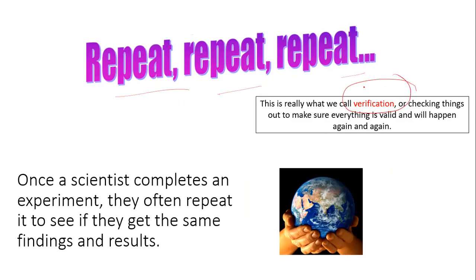But if you put things clearly and there is no error, there's no need to repeat, especially if the cost of your study is high, or the laboratory equipment and the variables needed for the study are expensive. So verification or the repetition of the study is an option. Okay. So you're checking to make sure everything is valid and will happen again and again.